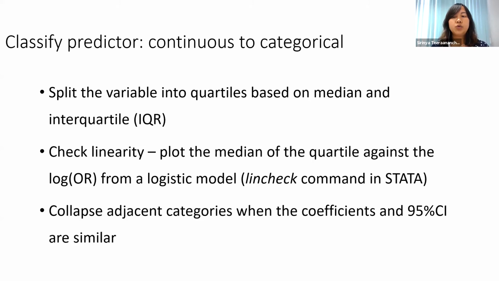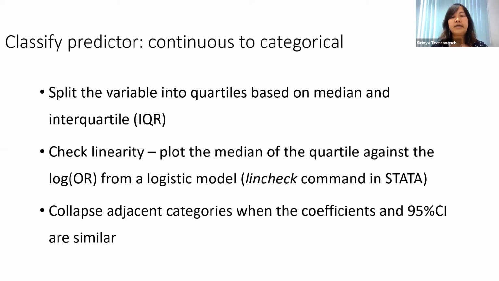A common way to do this is to split the variable into quartiles, then plot the median of the quartile against the log of the odds ratio, and see if the relationship is linear. I would suggest to use the command lincheck from Stata to check linearity.